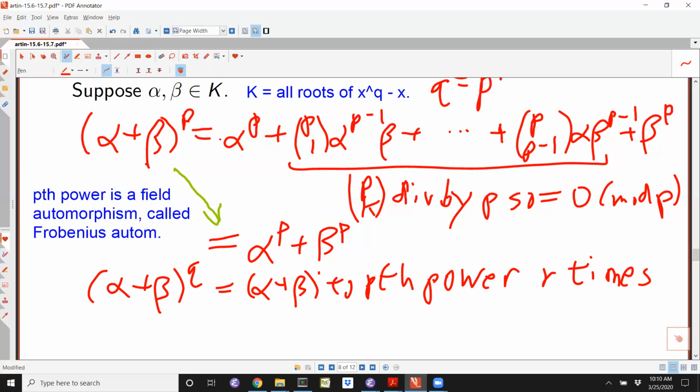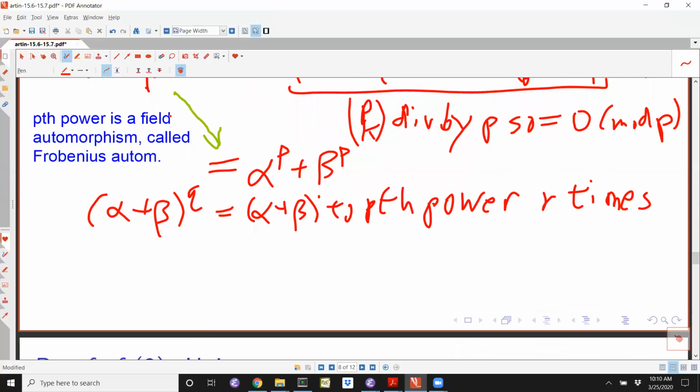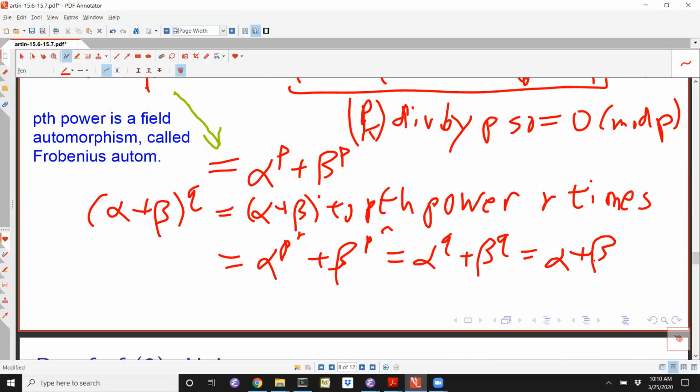Each time you apply the pth power, you get this automorphism behavior, so this is equal to alpha to the p to the r plus beta to the p to the r, which is equal to alpha to the q plus beta to the q, which is equal to alpha plus beta, because alpha and beta are in K.